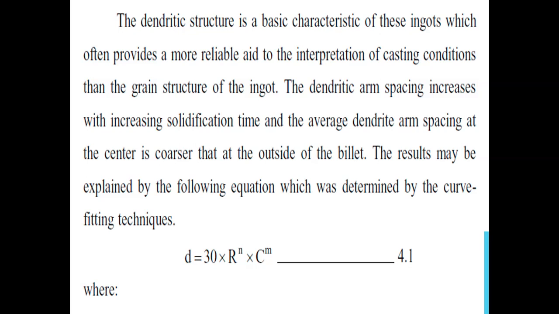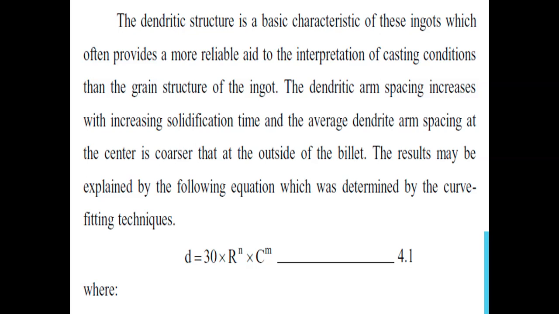The dendritic arm spacing increases with increasing solidification time. When solidification time increases, the dendritic arm spacing increases, and the average dendrite arm spacing at the center is coarser than that at the outside of the billet. The result may be explained by the following equation, which was determined by curve fitting techniques.